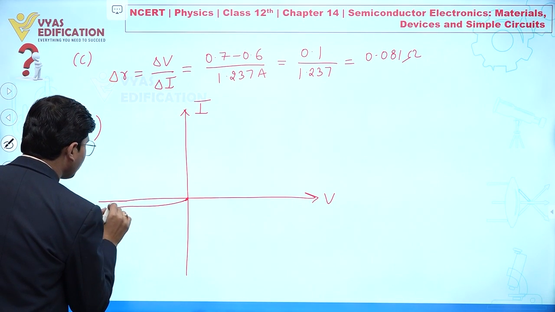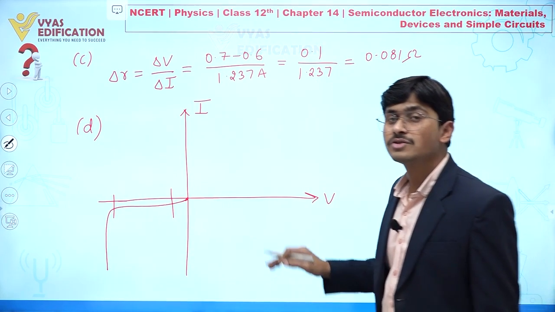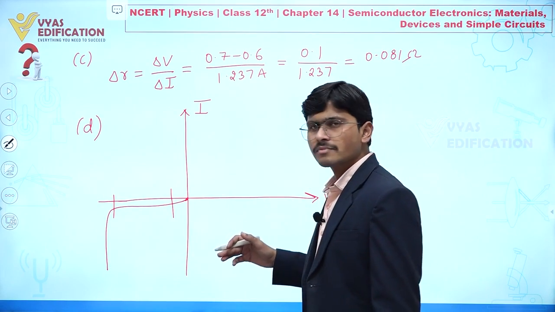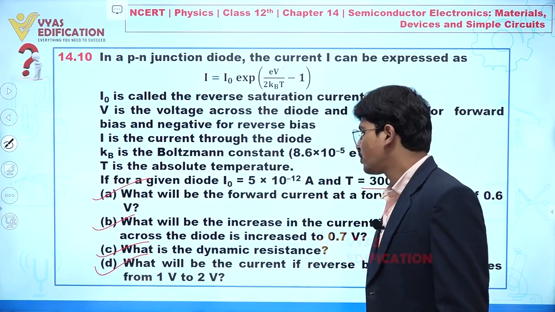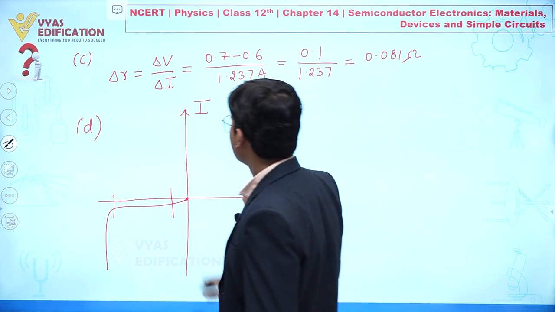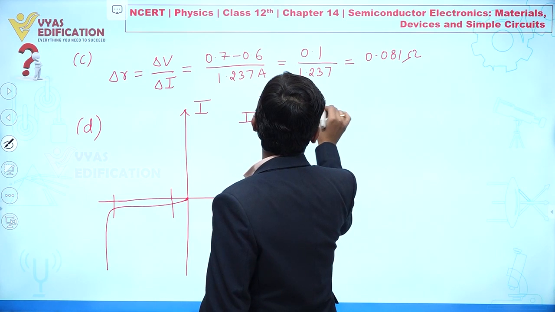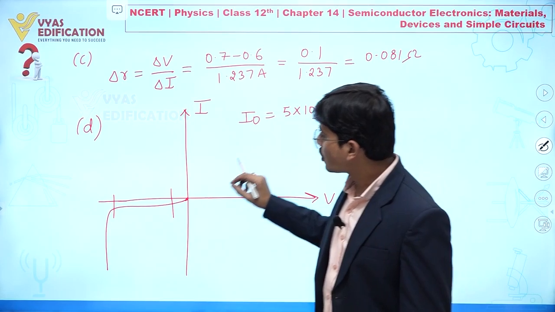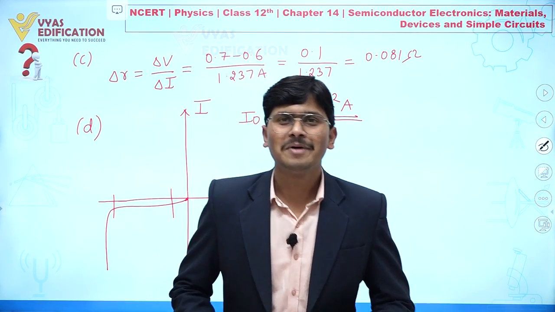It means for the variation of some voltage you are getting a constant reverse saturation current. Whenever we are increasing this potential from 1 volt to 2 volt, you are getting a constant reverse saturation current, and the value of that I naught will remain the same, 5 into 10 to the power minus 12 ampere. And always keep in mind the magnitude of this reverse saturation current is very small. So this is all about this question.